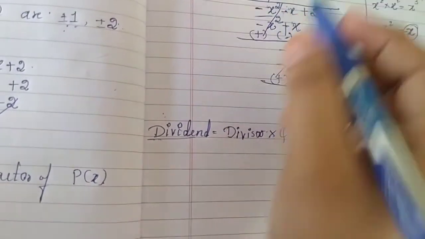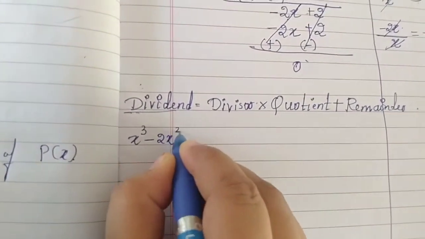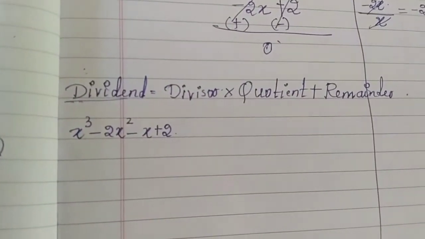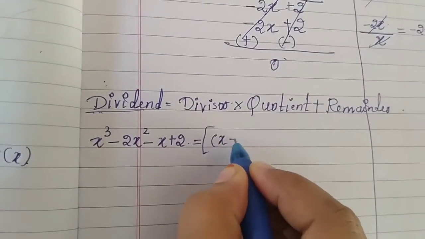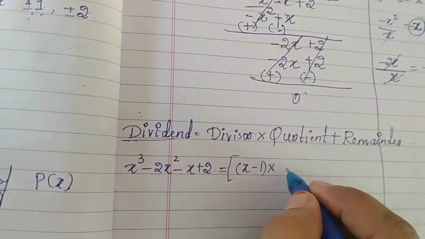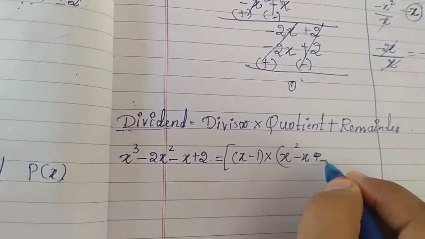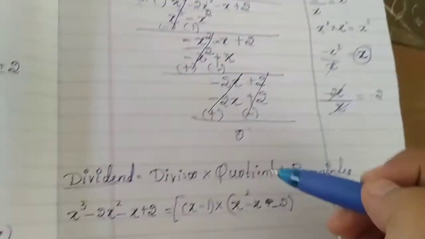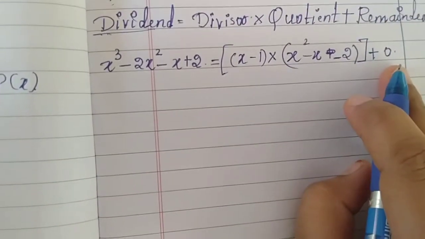Dividend is what over here? Dividend is nothing but x cube minus 2x square minus x plus 2, isn't it? So this will be equal to, divisor is what here? x minus 1 into quotient, which is nothing but x square minus x minus 2. Whatever quotient you are getting over here, that you have to write over here, and remainder is nothing but 0, isn't it?